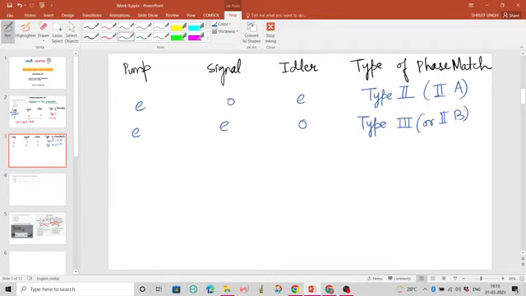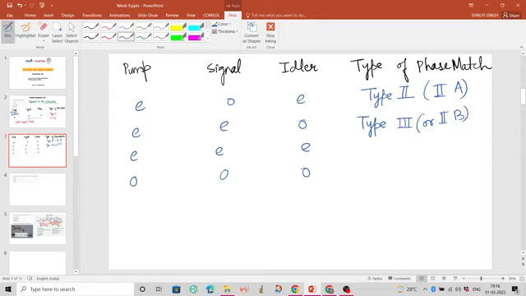The next one can be, we have all three the same, E, E, E, or we can have all three as O, O, and O. 0 degree polarized all. And this one can be, all can be 90 degree polarized. So last time I told you that signal and idler will be perpendicularly polarized, signal and pump will be perpendicularly polarized.